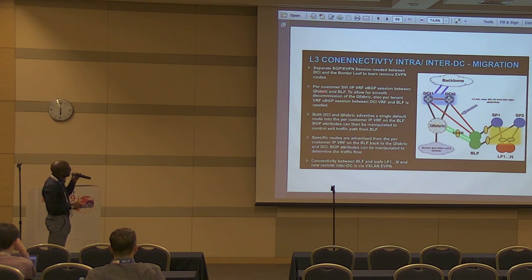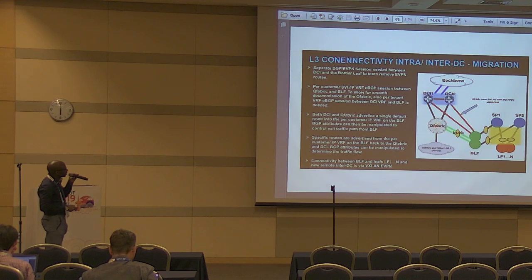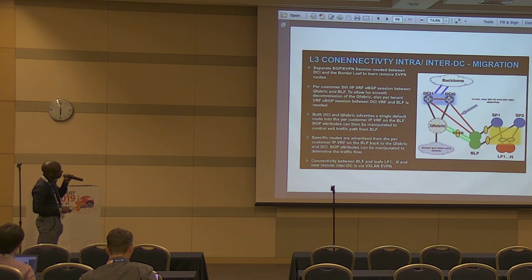I've configured a per-customer SVI or IP VRF eBGP session between the QFabric NNG and the border leaf device. And to allow for smooth decommissioning of the fabric, I've got 2 eBGP sessions actually: one between the NNG and the border leaf, and then another one between the border leaf and the DCI.